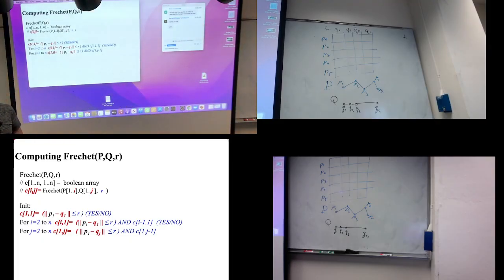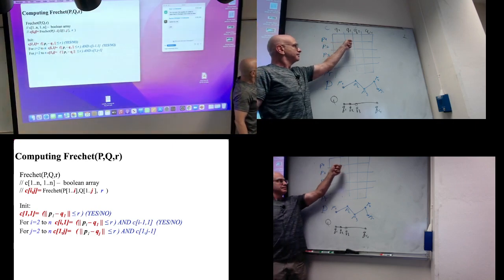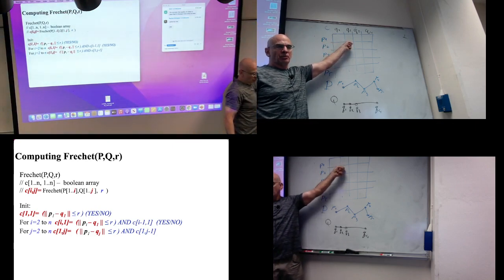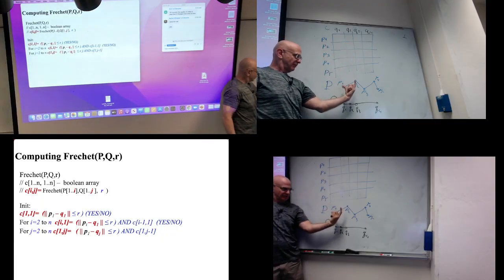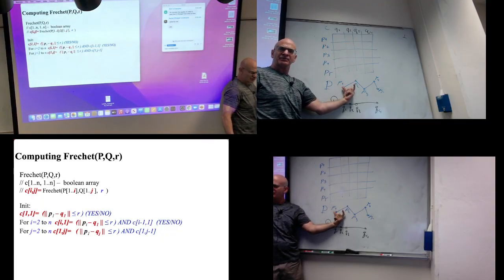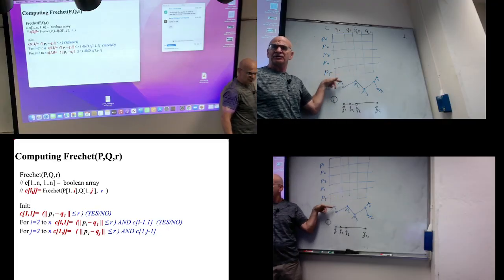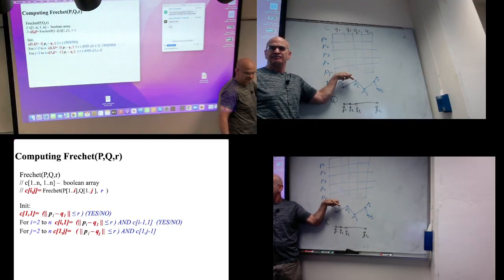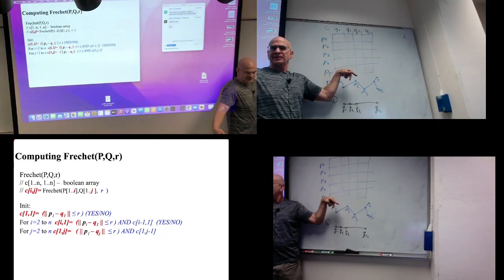In the case of the dynamic time warping, we use this array C. The cell 2,2 was looking at the prefix of the first path. A prefix of the path is what? It is a polygonal path that just contains the first few vertices. That's my definition.